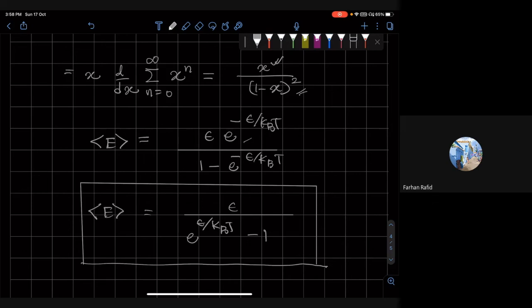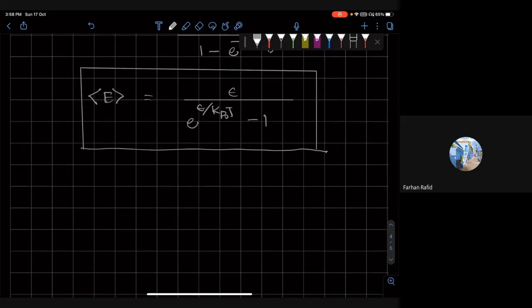So before we do that, let's look at the high temperature limit, because at high temperature, we would expect more of the usual classical thermal result to hold. So in the high temperature limit, where T goes to infinity, we find that e to the power epsilon by kBT we can just approximate by 1 plus epsilon by kBT.